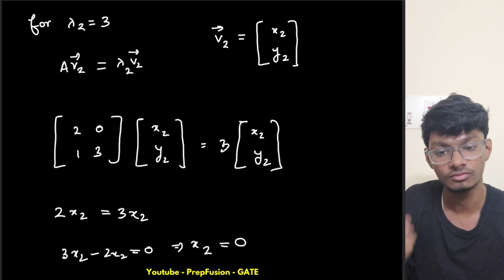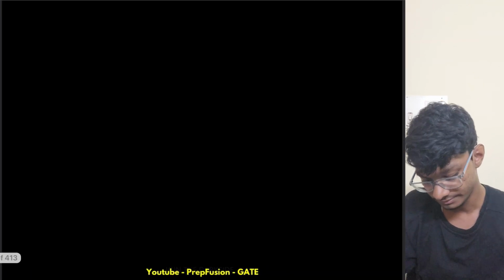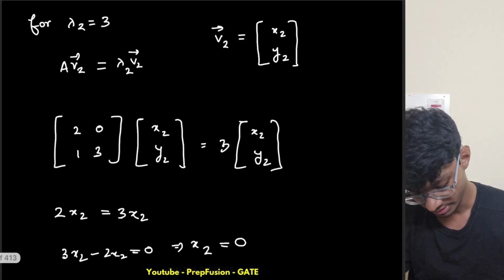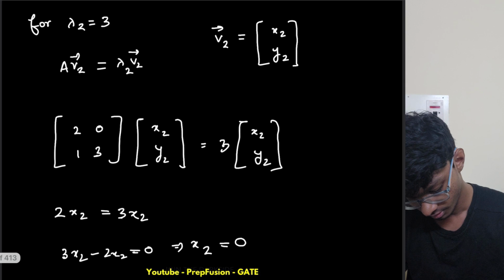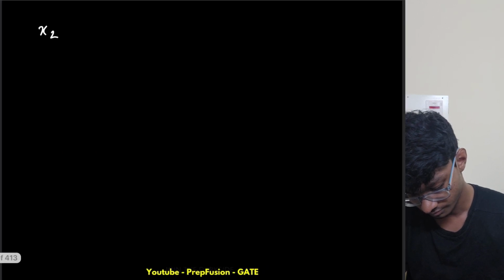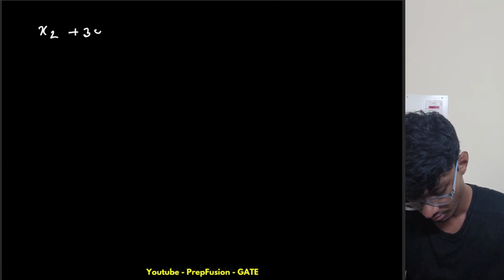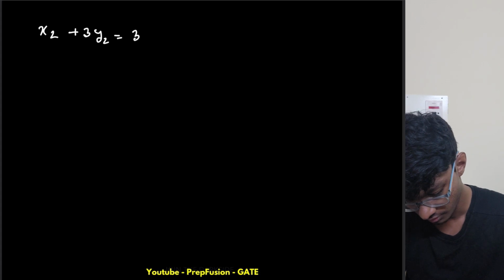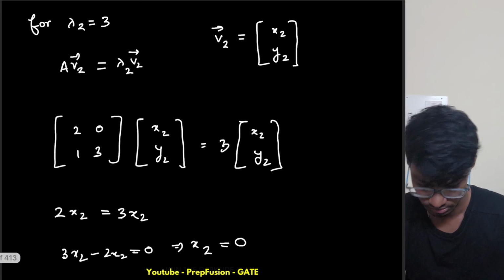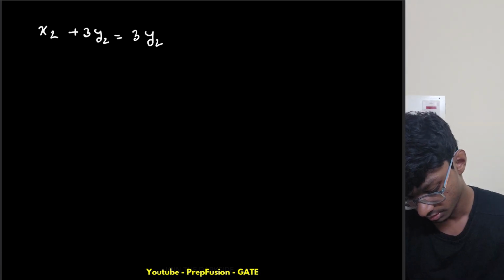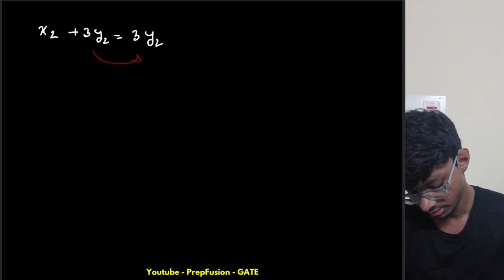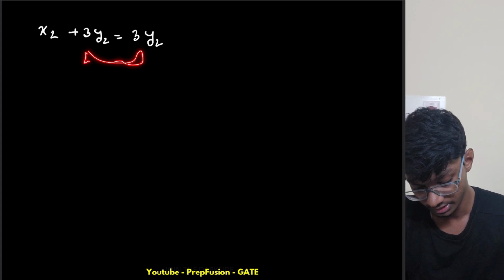Okay, then what will be my y in this case? So y, right? Solving the second equation. So this is x2 plus 3y2 equals 3y2 itself, right? So this is simply cancelling out.